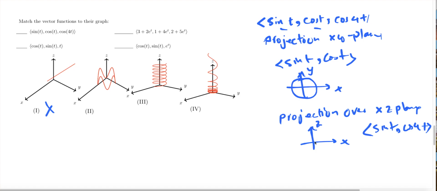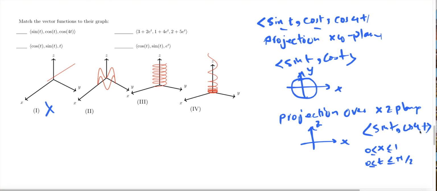So how does x go from 0 to 1? Then t has to go between 0 and pi half, just one round of going up. And so t goes from 0 to pi half.